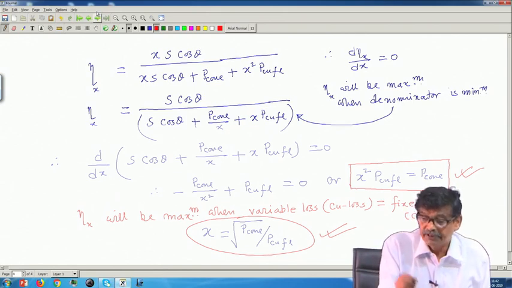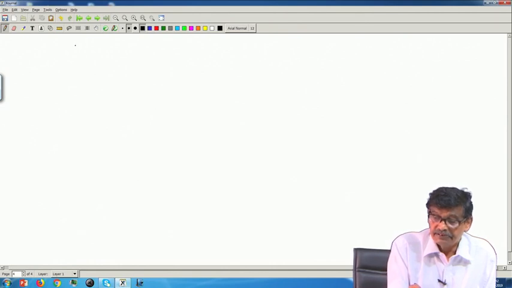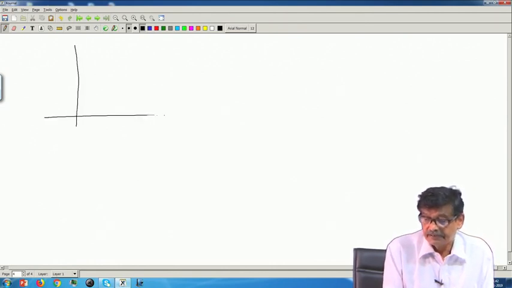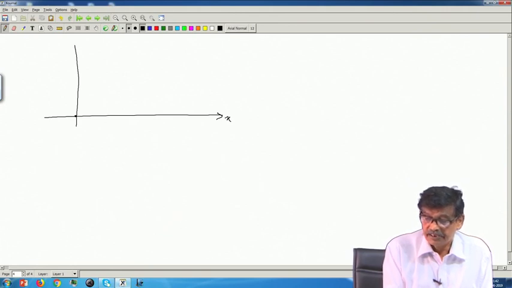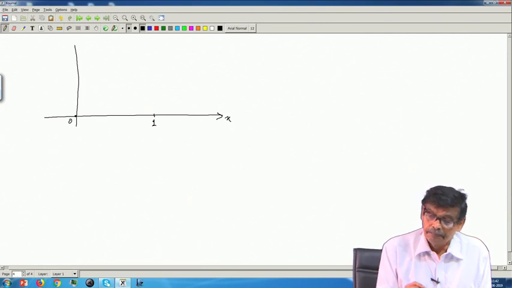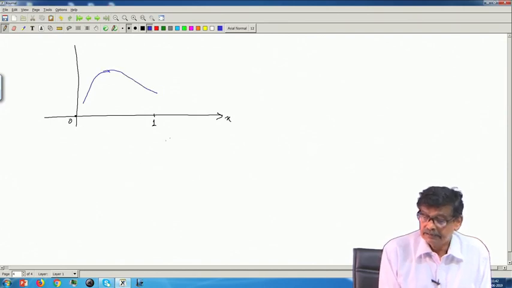That is, if I go to the next page, as I was telling, the efficiency versus degree of loading curve, it is 0 here, the degree of loading is 1, then the efficiency curve will be somewhat like this, it then decreases, okay.